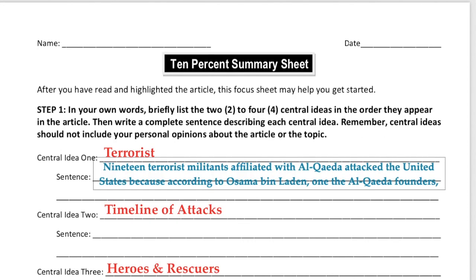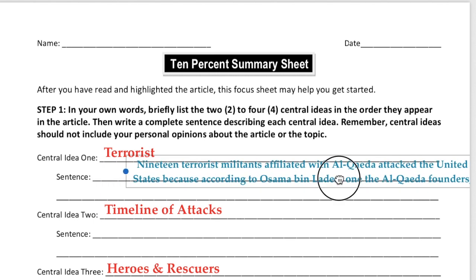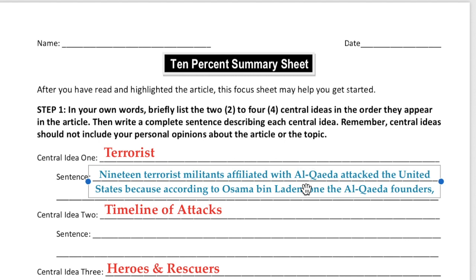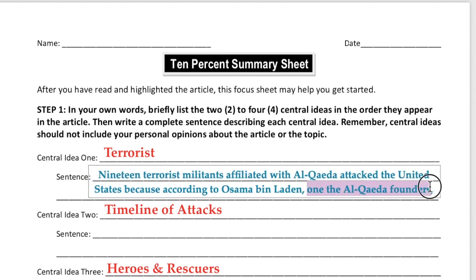And I'm going to put between commas because this is referring to Osama bin Laden. So 19 terrorist militants affiliated with Al-Qaeda attacked the United States because according to Osama bin Laden, and you're probably wondering, who's Osama bin Laden? One of the Al-Qaeda founders. And because this is referring to him, we're going to put a comma before and a comma after.